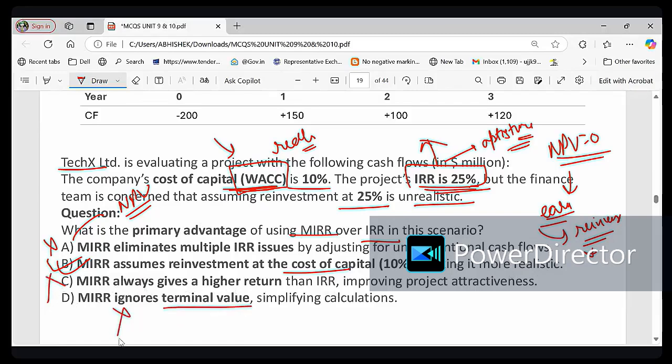This is also wrong because it takes terminal value into consideration, right? So this is one of the advantages of having MIRR over IRR. That is called modified internal rate of return. It assumes that reinvestment should be at the cost of capital, not at the IRR, right? So that is what it explained regarding the MIRR.